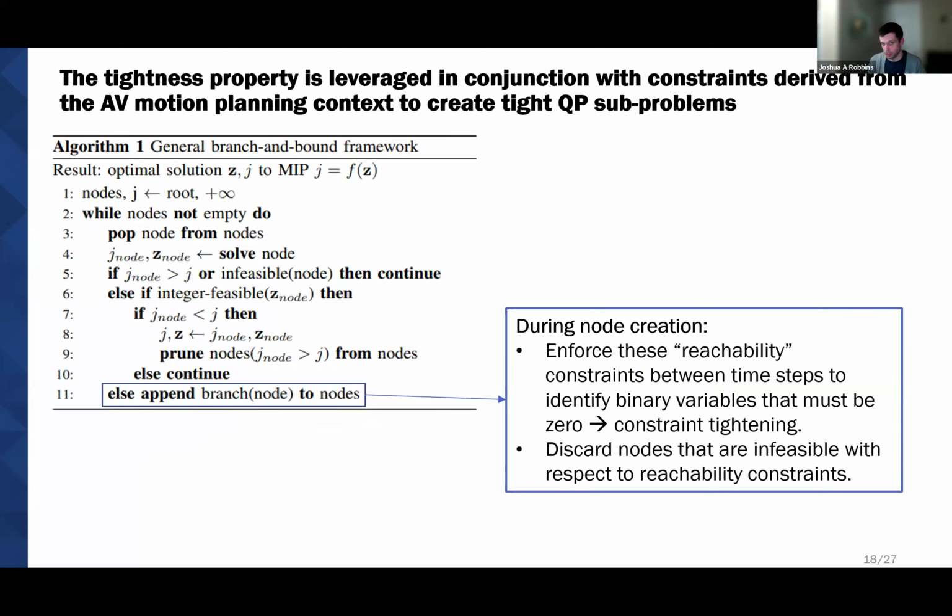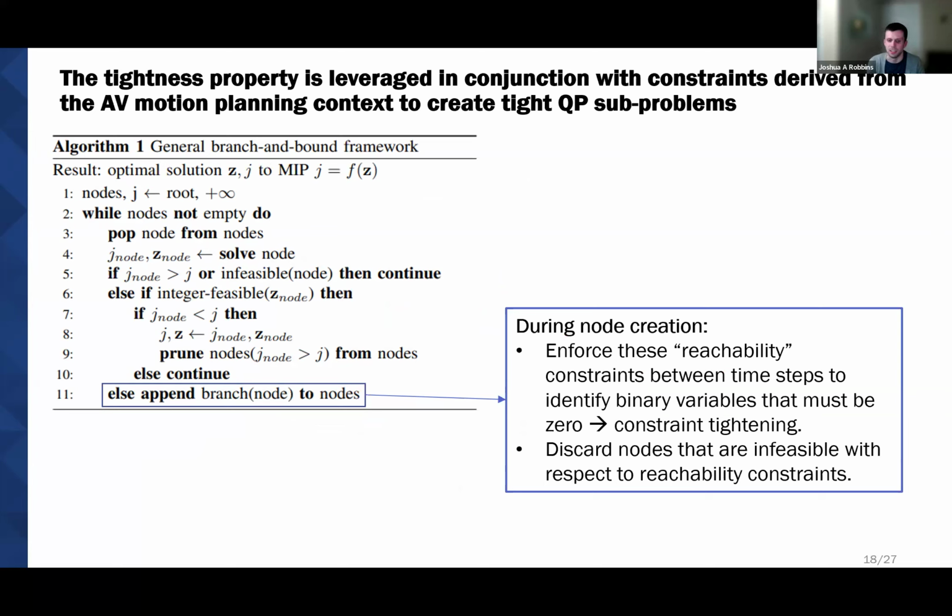In our branch and bound framework, and on the left here is just a sketch of a branch and bound algorithm, we use these constraints during node creation to identify binary variables that must be 0 due to the constraints. This allows us to perform constraint tightening.